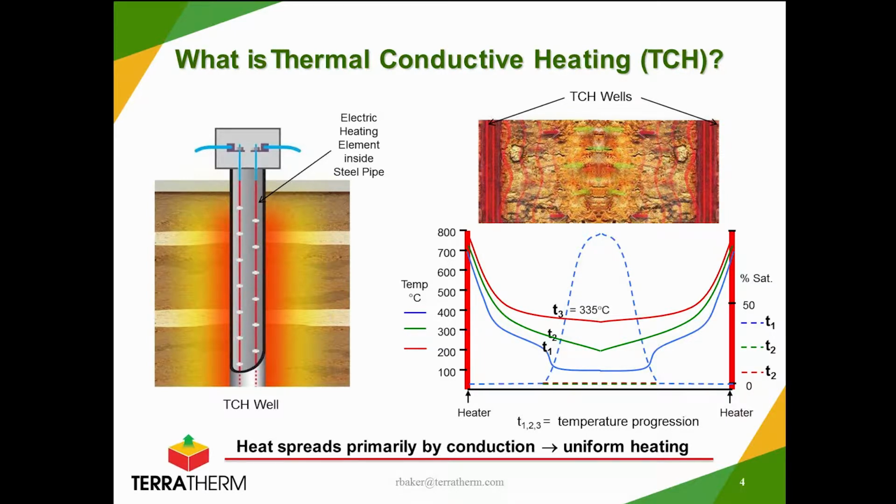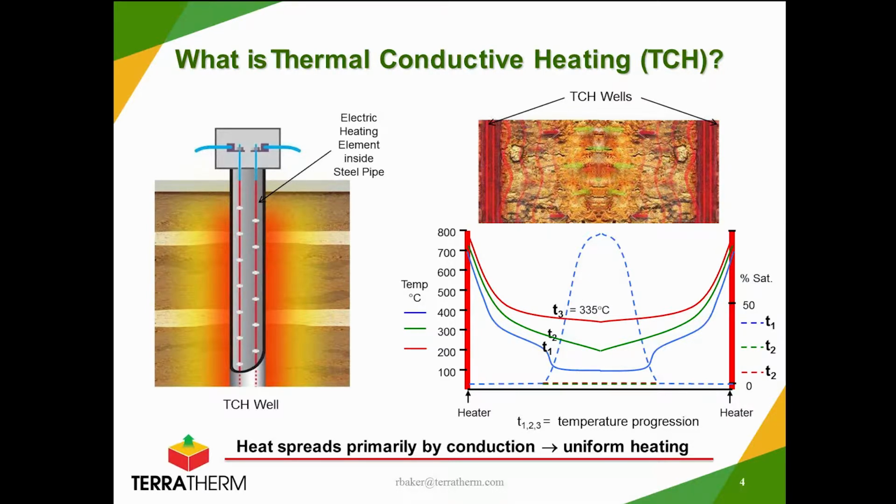The diagram on the right shows the arrangement of two heaters with the soil in between and the progression of heating between those heaters. Initially, when the heat is turned on, it's very hot at the heaters and at ambient temperature in between them.